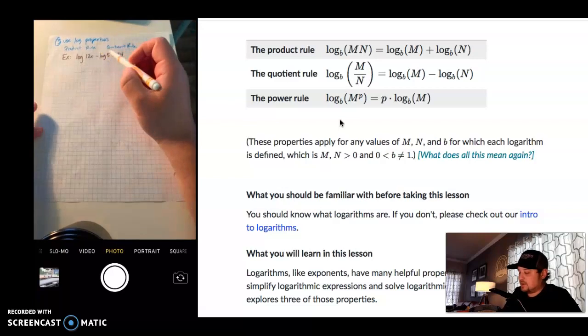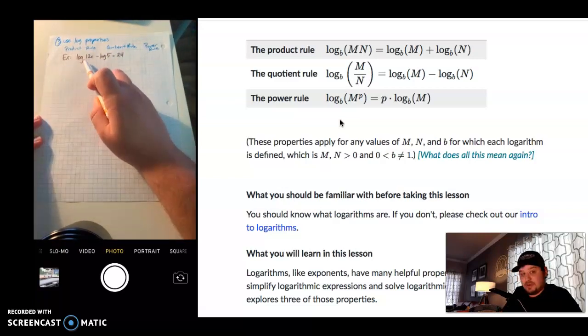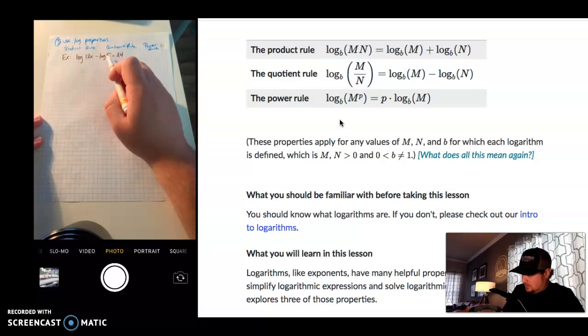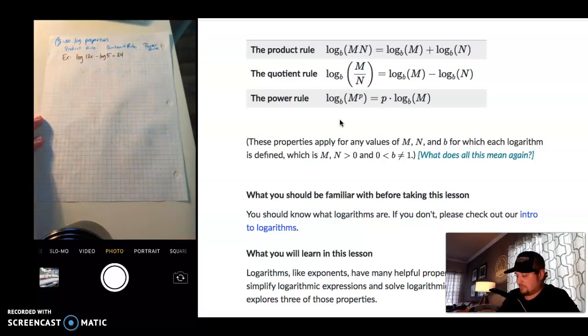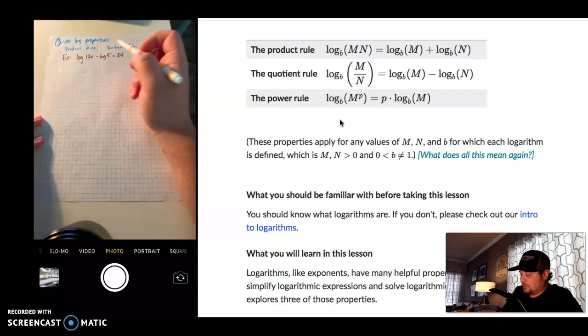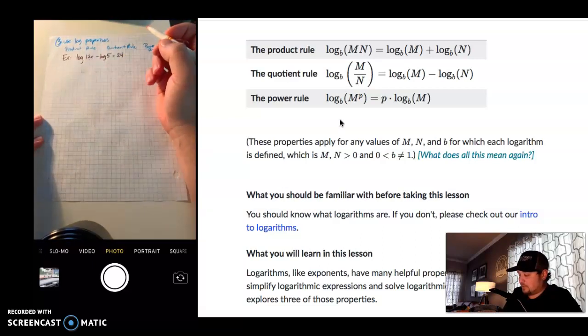So here's an example. This one we've got logs, this time with a base of 10. We know that this has a base of 10 because that's what's missing. We've got log of 12x minus log of 5 is equal to 24. So that's what they've got set up for us. What we want to do here is take advantage of our log property rule.